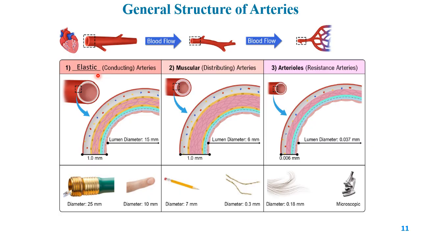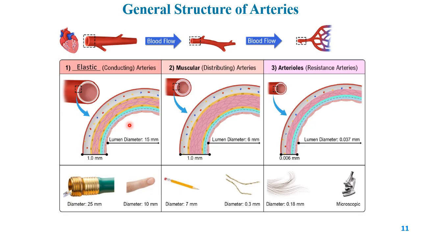You get the blood always circulating, and this is really the job of your elastic arteries when they bounce back to keep that blood circulating. Okay, so here the big ones are your elastic conducting arteries, and they do have a big lumen, but in comparison to the overall size of the artery, the lumen is not really that big.